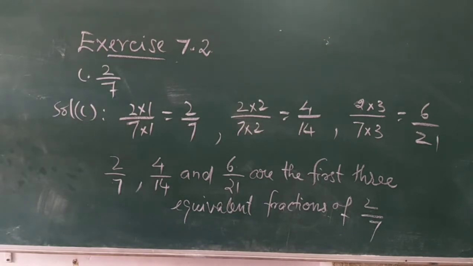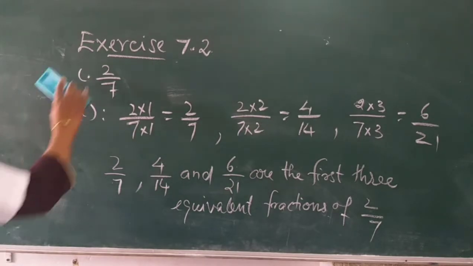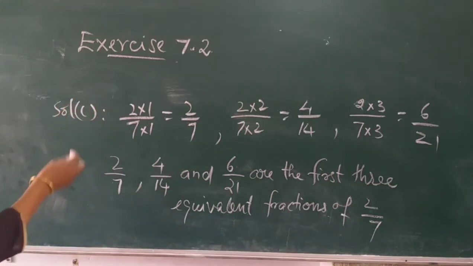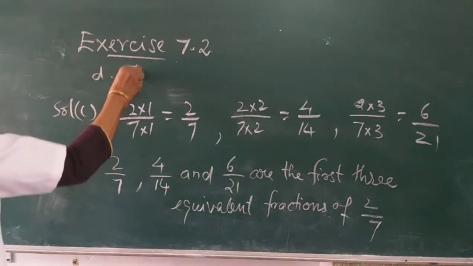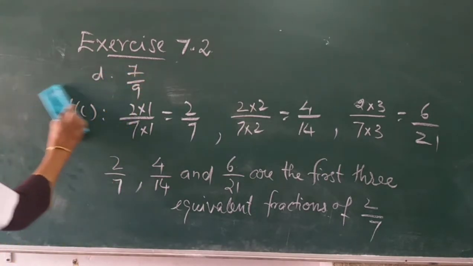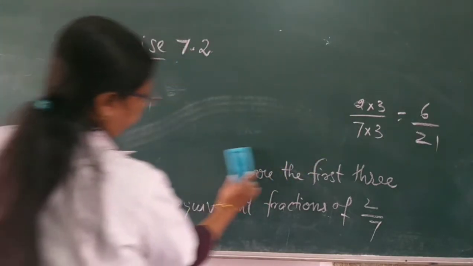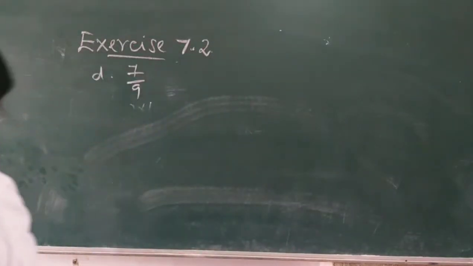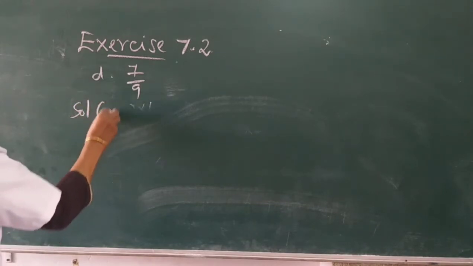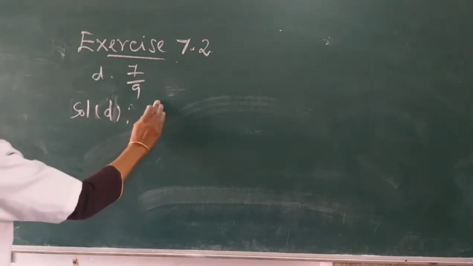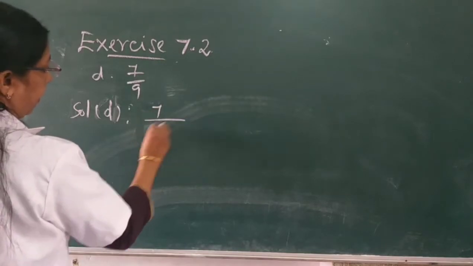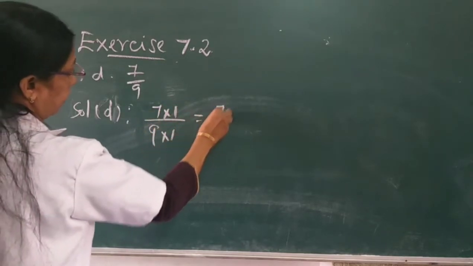Then 13 by 15. Next is 7 by 9. 7 by 9 into 1 into 1, that is 7 by 9.